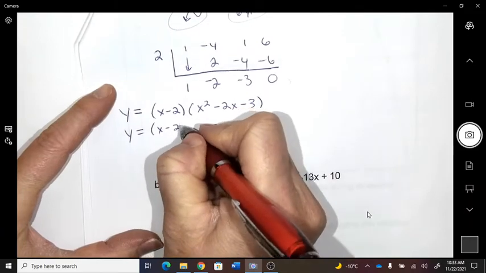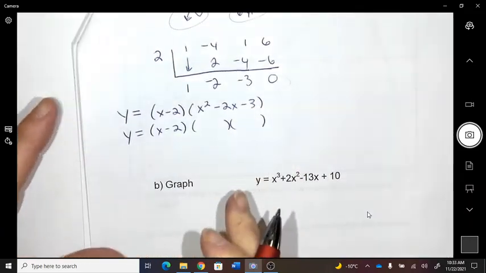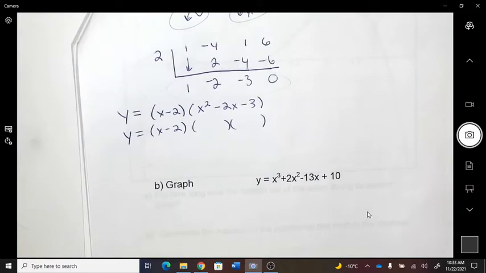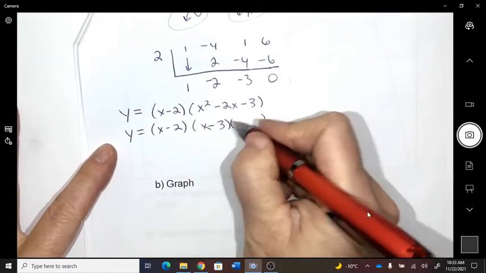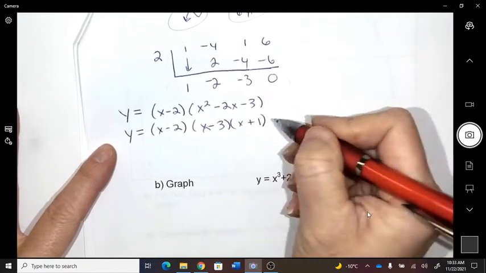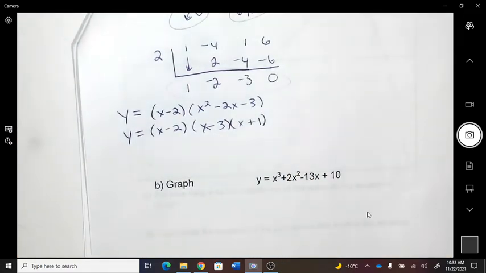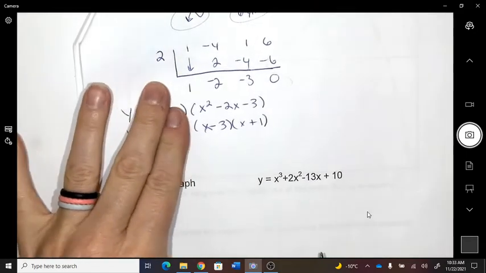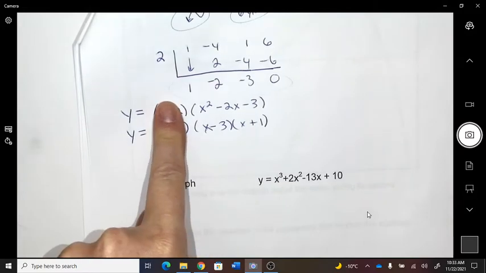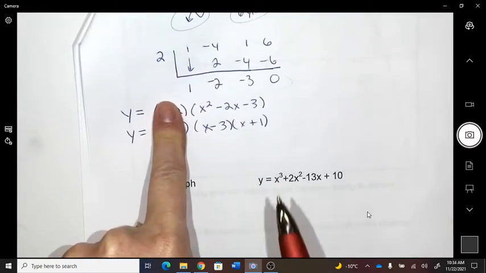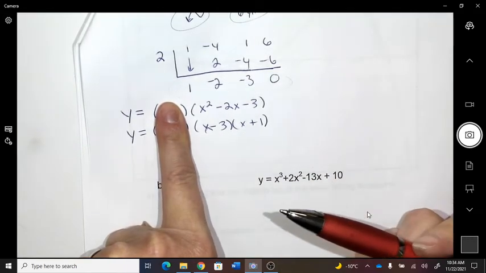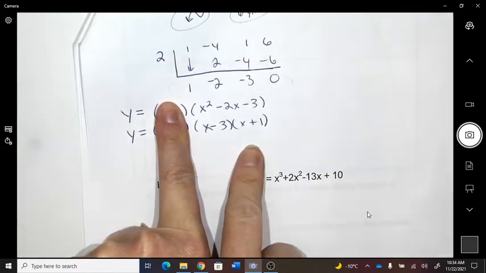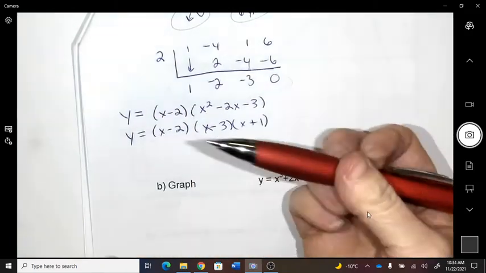And can you do this by hand? I feel like last year I had a lot of mistakes there because people forgot about the x minus 2. So don't forget about it, right? It's easy to forget about. And then they were graphing this, and it was a parabola, right? Because if you forget about it, now you only have an x squared. So please don't forget about this.